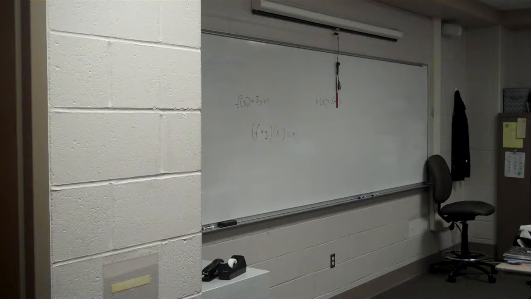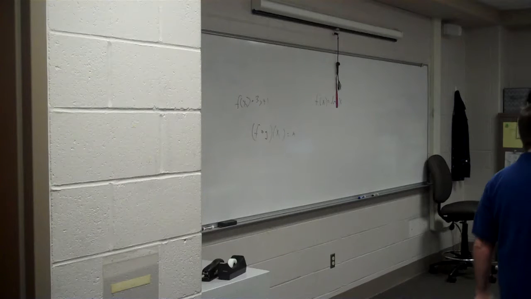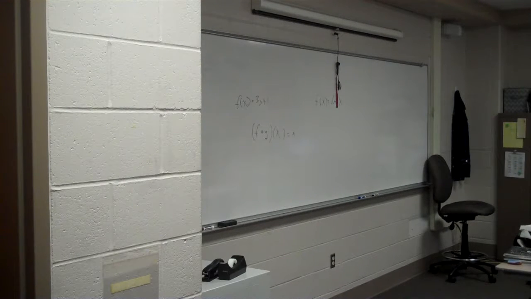Or multiply and divide: if f of x is multiplied by 3 and g of x is divided by 3, they just undo each other. You just get back to x when you're done with them. At that time we also did the whole set of steps on how to compute an inverse function. But that was a long time ago.